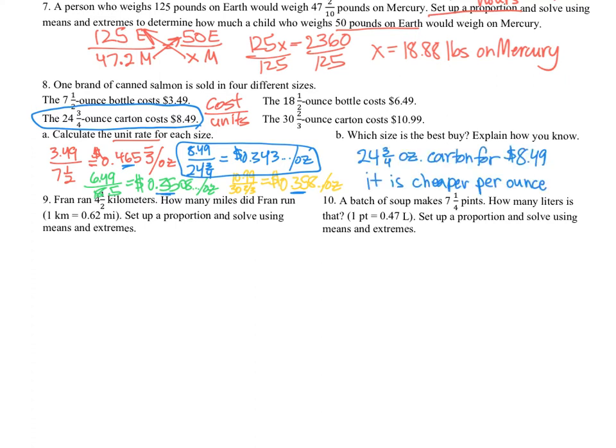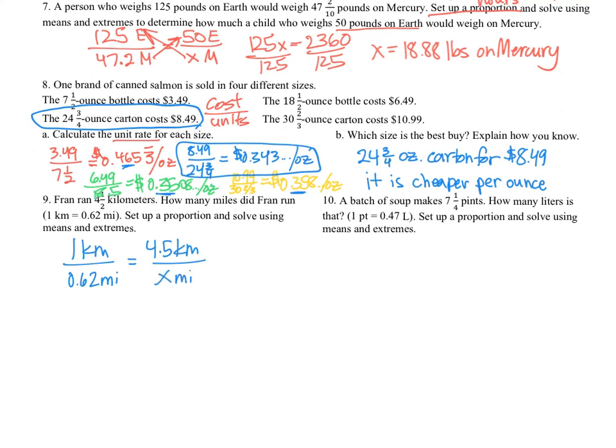All right, next, Fran ran 4.5 kilometers. How many miles did Fran run? Now it gives you this conversion. Set up a proportion and solve it. So if 1 kilometer is 0.62 miles, then 4.5 kilometers equals X miles.